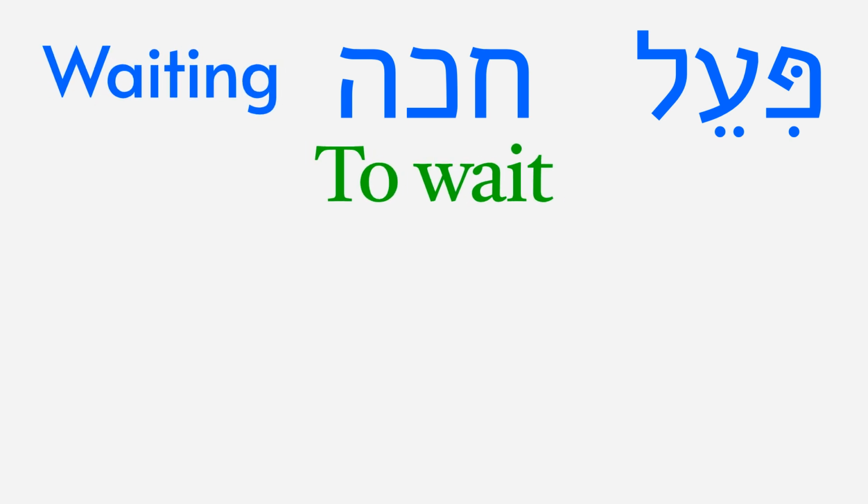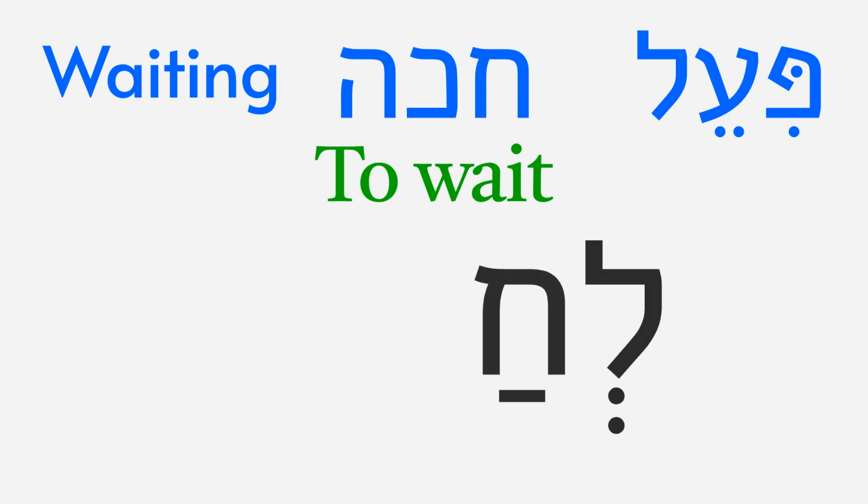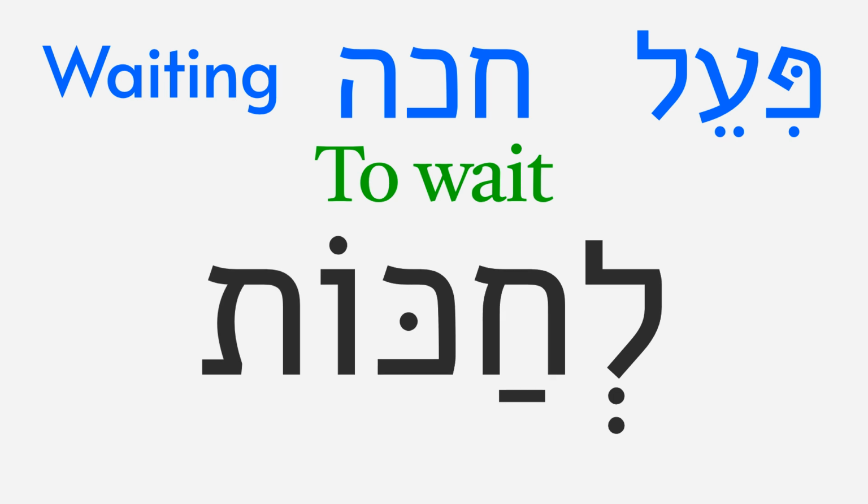This infinitive will again start with lamed with shva, first root letter chet with patach, and second root letter kaf with dagesh. The vowel after the second root letter, though, will be a vav with holam instead of a tzere, which is followed by a tav, which acts in place of the third root letter he. That makes lechakot, to wait.